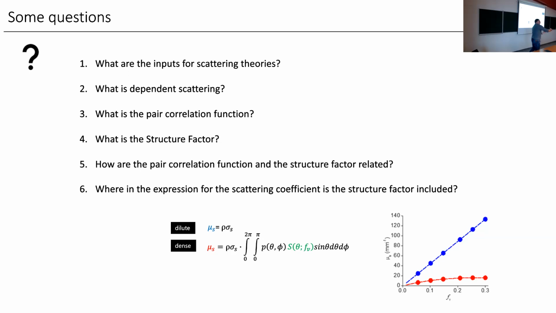But if you would rotate the sample, you would get exactly the same result. That's the isotropy. And if you would place your detector here or here or here, you would measure the same. So this will just evaluate to one number as a function of volume fraction.